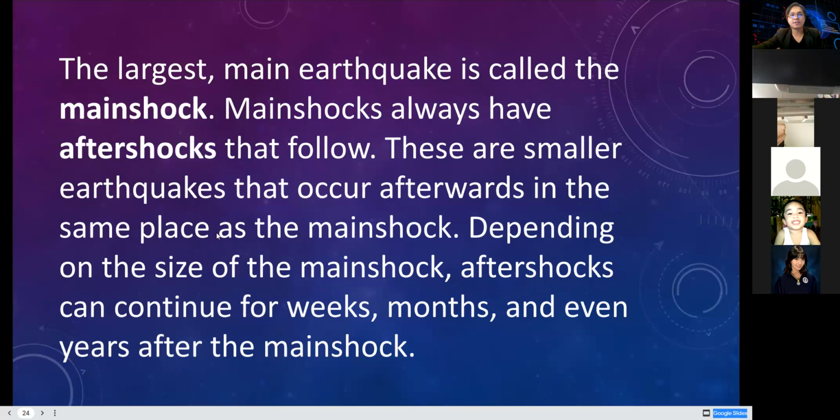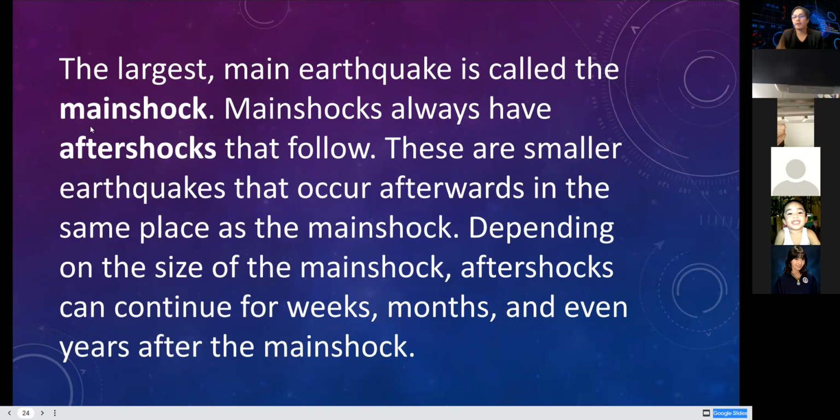The largest earthquake is called the main shock. The main shock always has aftershocks that follow. These are smaller earthquakes that occur afterwards in the same place as the main shock. Depending on the size of the main shock, aftershocks can continue for weeks, months, and even years after it.